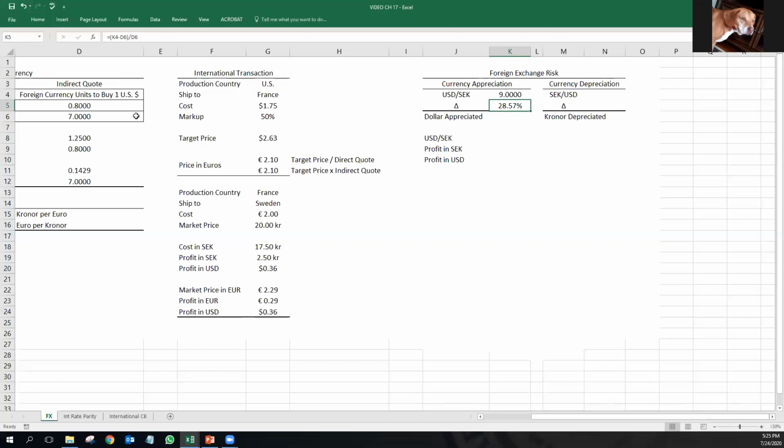Now, when you look at it from this perspective, the way to say it is that the dollar appreciated by 28.57%. The point is that $1 used to buy you 7 Swedish kronor. Now $1 buys you 9, so it buys you more. So therefore the dollar appreciated.